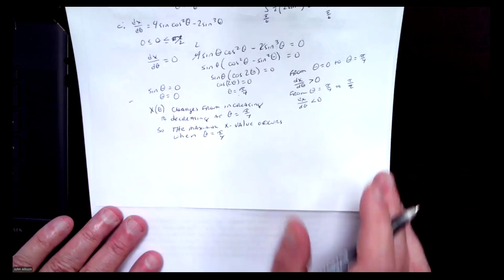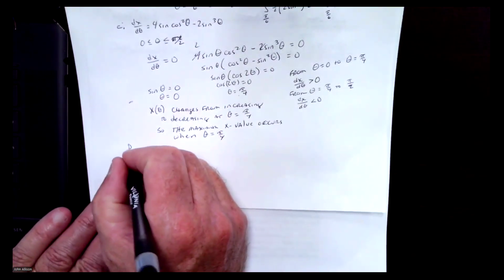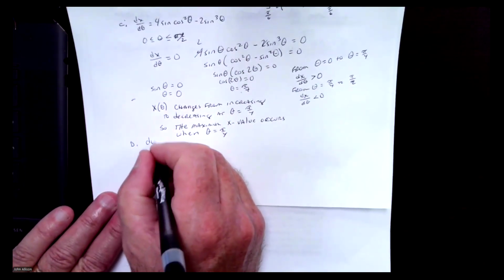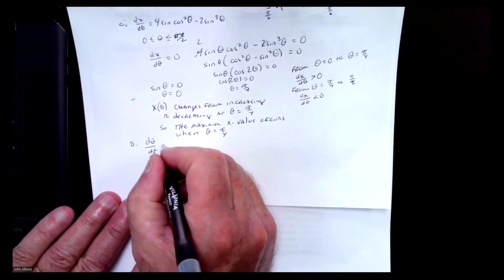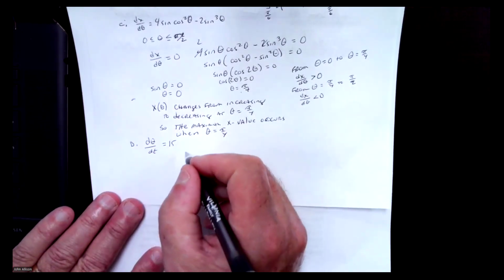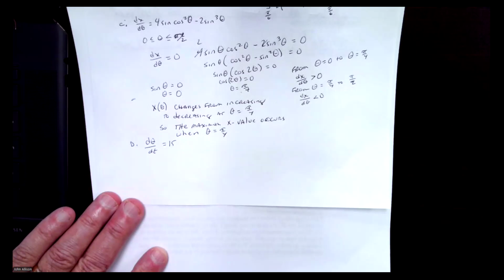Particle travels along curve C, so that d theta dt is equal to 15 for all times t.